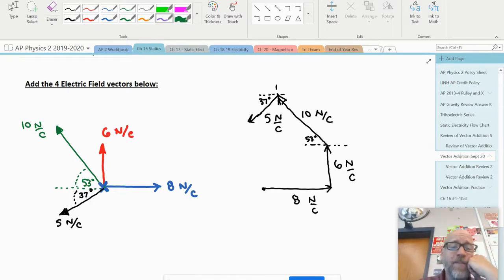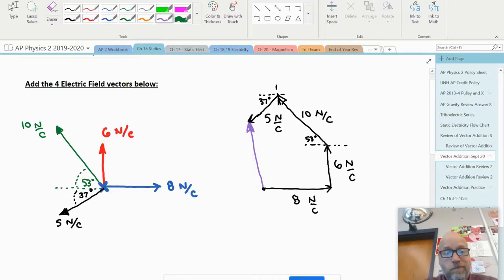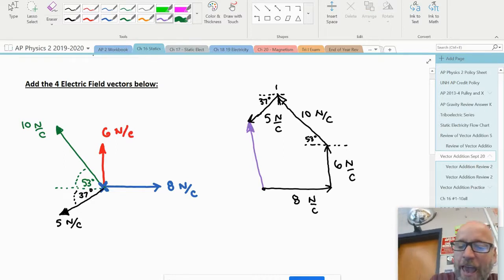If I add 5 plus 6 plus 8 plus 10, what do I get? Yeah, it's still 29. I can add them in any order. The same is true for vectors. Okay? So my resultant is going to be something like that. The angle that we're going to define it as, we'll get to that in a bit.